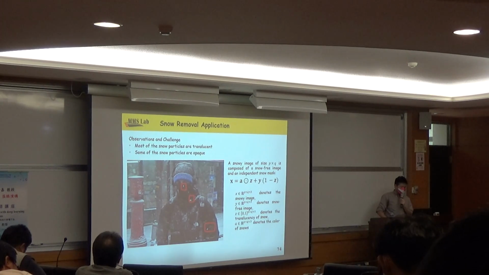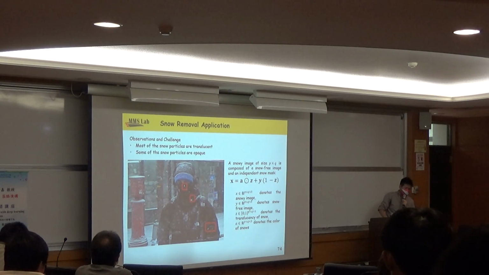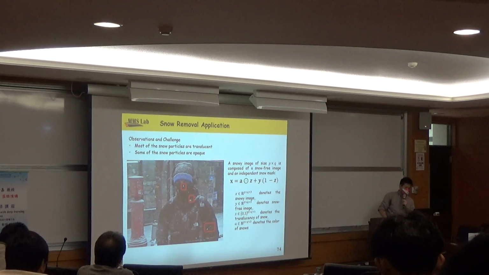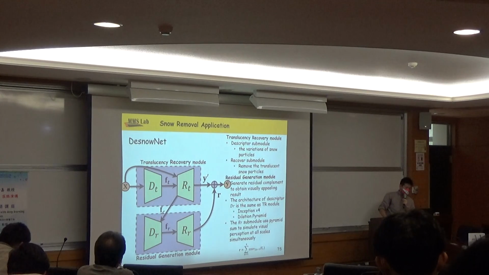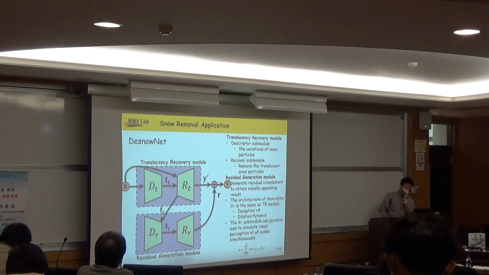And I created modules this way, because we want to remove the snow and get the snow-free image from our model. So I created this called SnowNet. This part is the translucency recovery module.